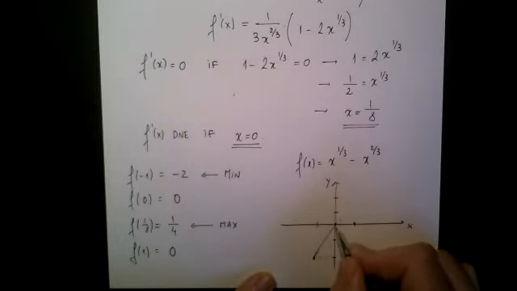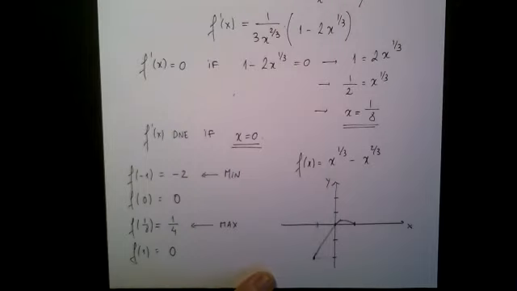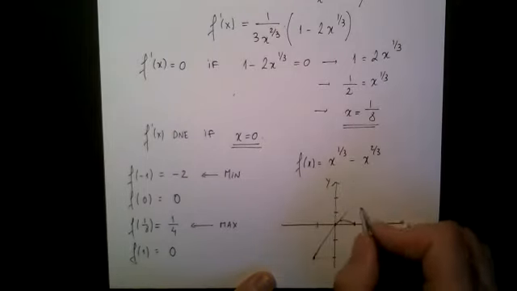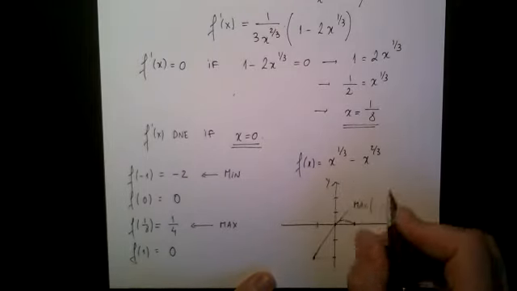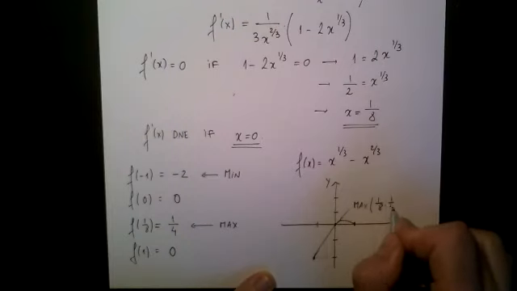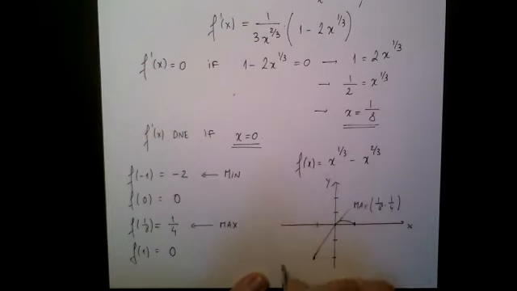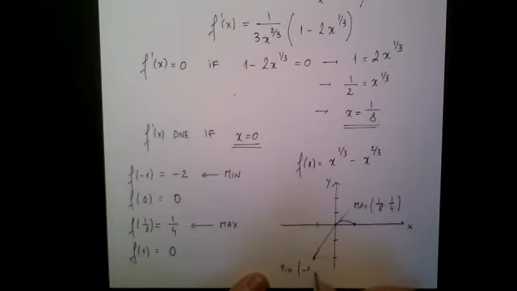Sorry. There you go. It looks something like this, and you see you have the max here, which is at 1/8, 1/4, and then you have the min here, which is at -1. That's it. That's another exam question.